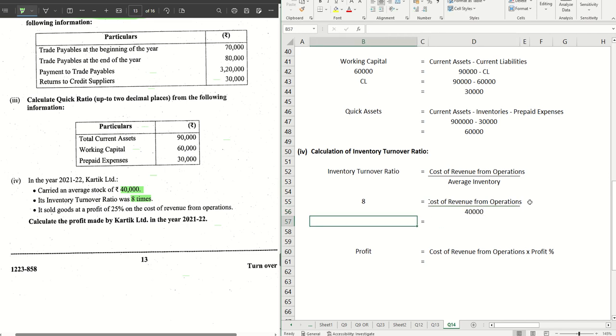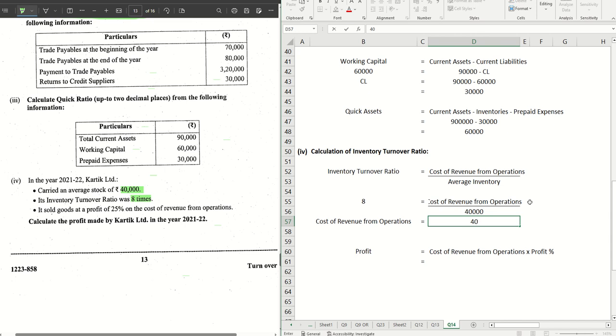That means the cost of revenue from operations will be equal to 40,000 into 8, a straightforward solution for the equation, and that gives us 3,20,000. That's our cost of revenue from operations.